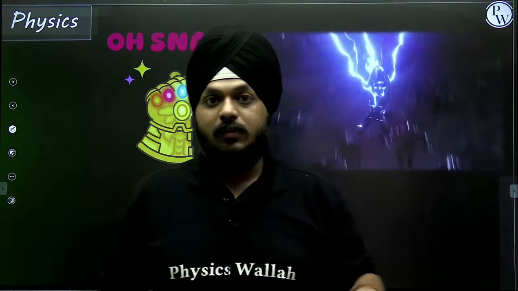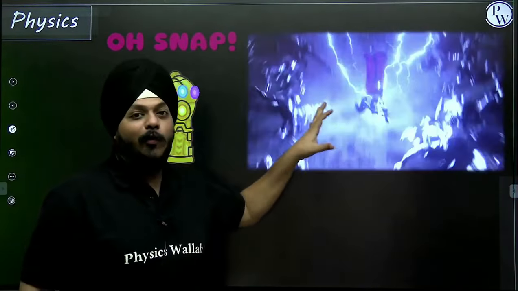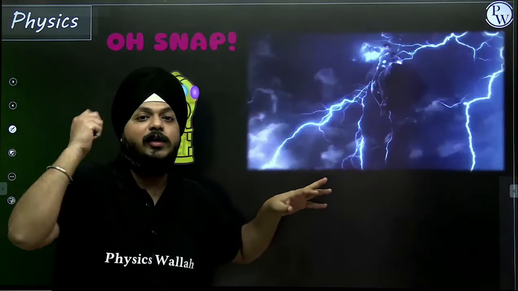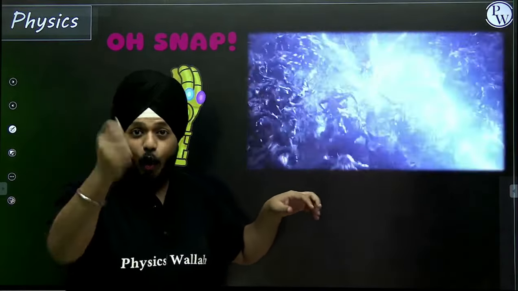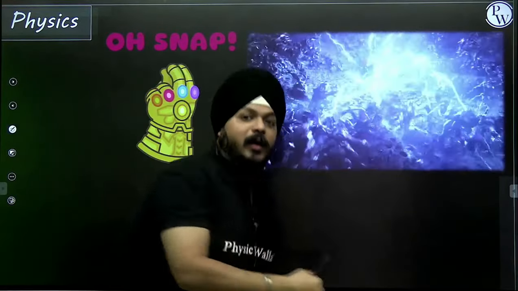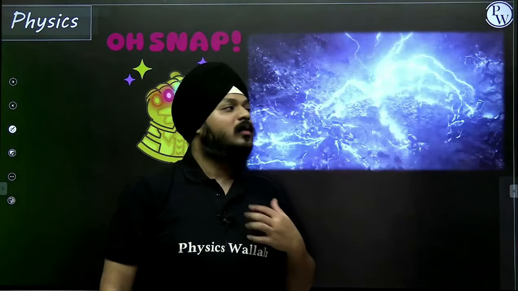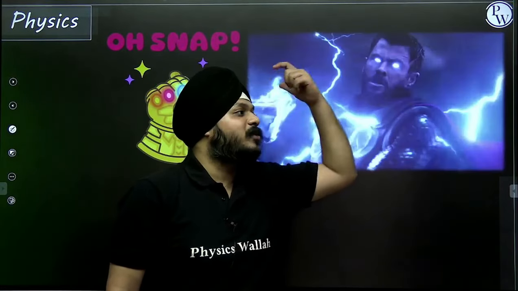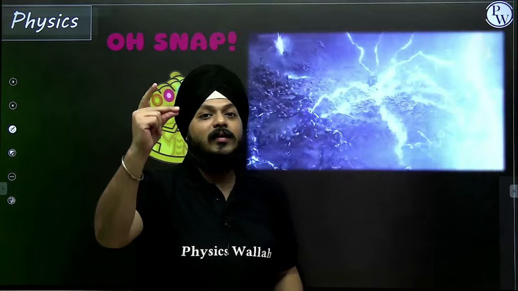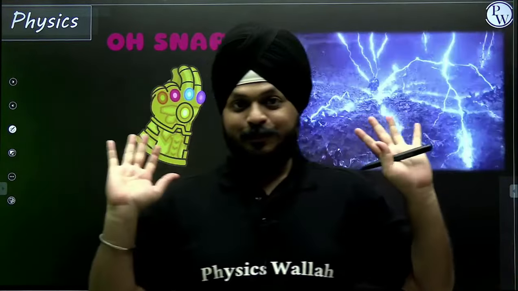Like Thor, you just imagine you are having a hammer in your hand, your own created hammer, and you pierce that hammer into the chest of Thanos. He says, instead of the chest, pierce into the head, and he snapped. This is the story.